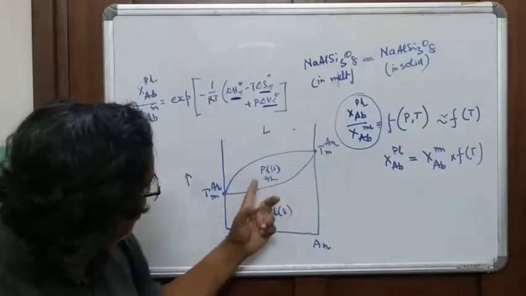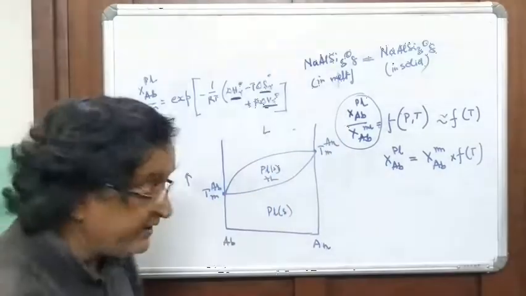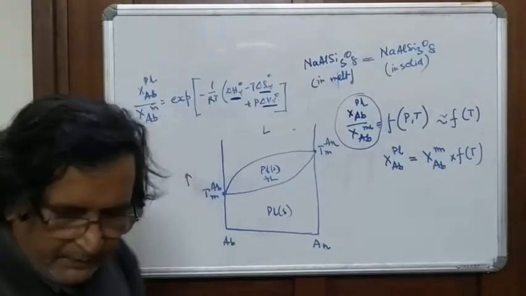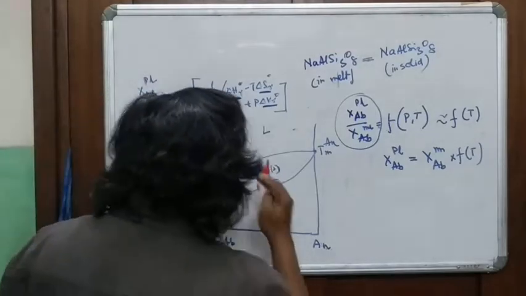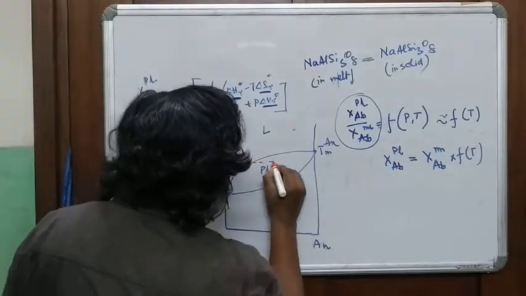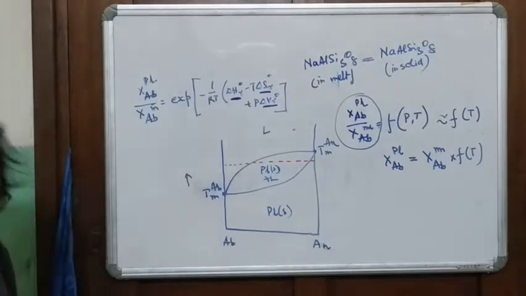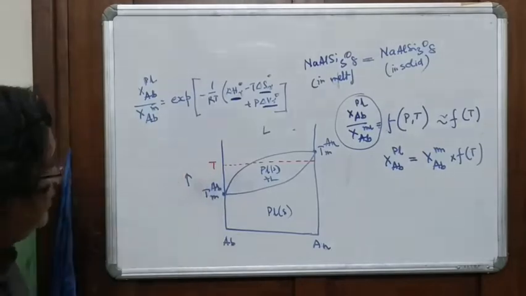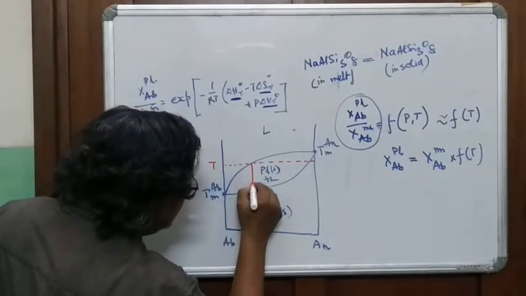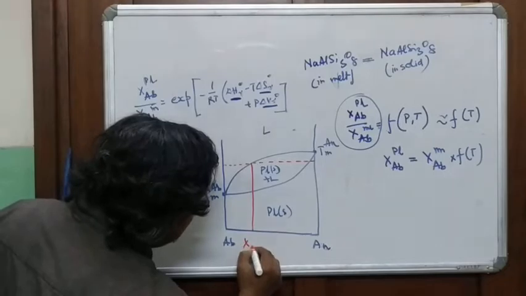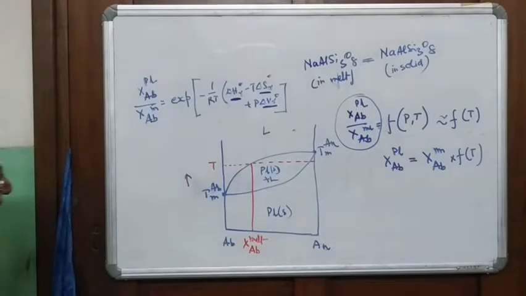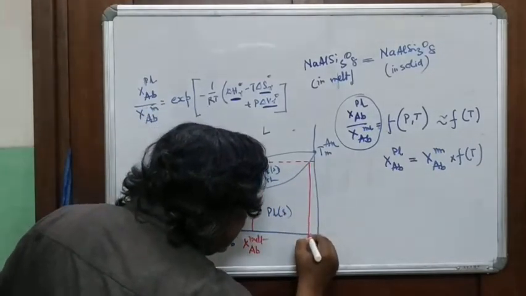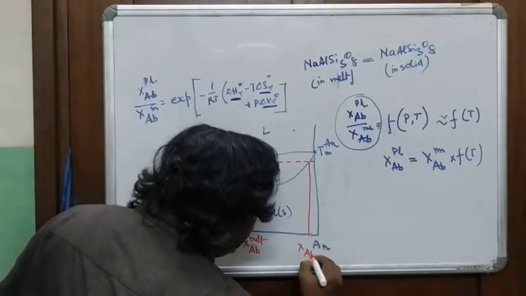This is the ratio of X albite to X albite. What do you mean by the ratio? If I draw a line, that means this is a particular temperature T. At this temperature, this is X albite in the melt, and this is X albite in the solid.